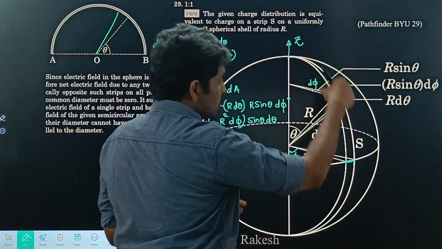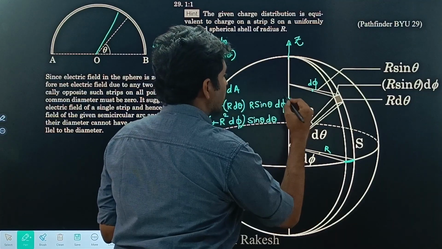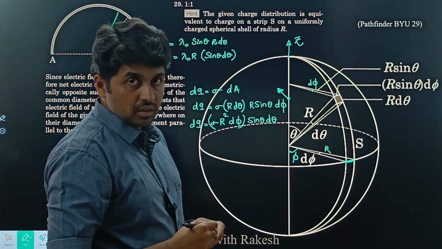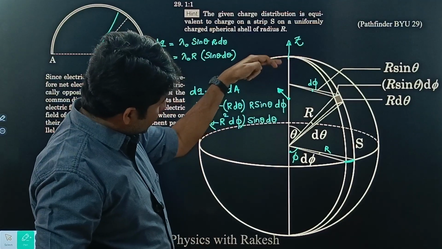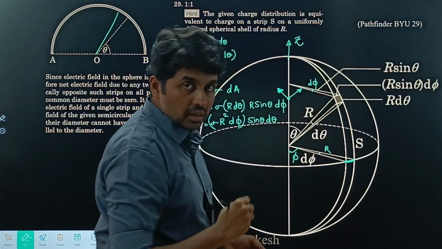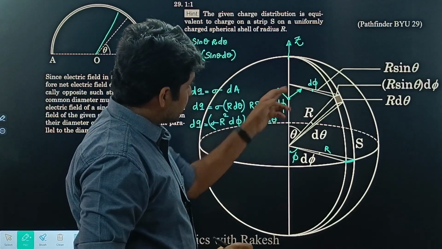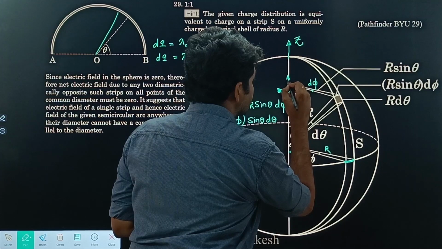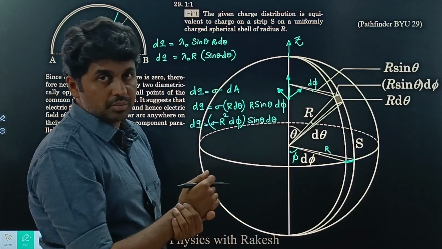Suppose due to this strip here, the field is in this direction. At some general point, it is in this direction. Which means due to exactly opposite strip, the field has to be in this direction from symmetry. Right? So if it is in this direction, what would be the net field direction? Net field direction will be like this, due to all the strips.